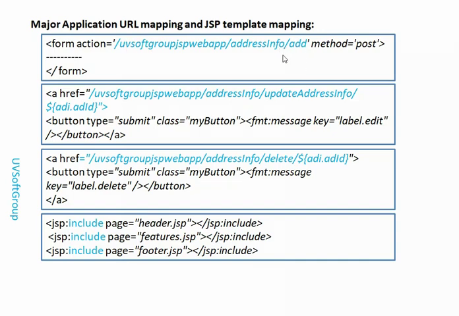Here is the add call, the form and actions, and so on. How is it done? The major submit button, and here the delete button, and this is important, as I said on the last screen and the last slide: you have a single page, just include all those 3 pages, and that's enough.